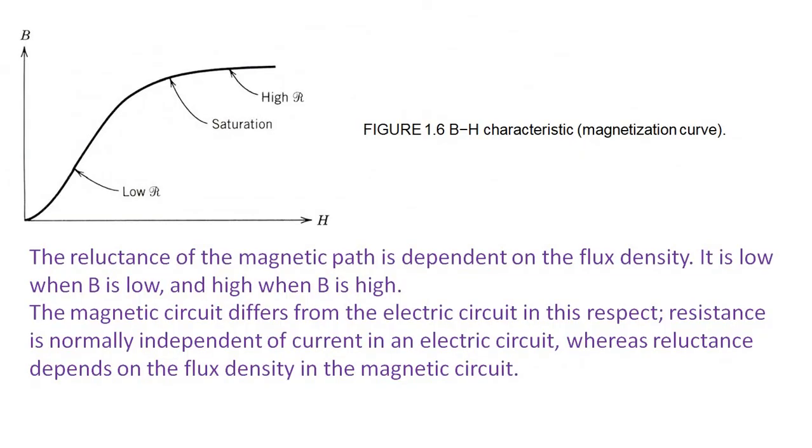The reluctance of the magnetic path depends upon the flux density. It is low when B is low and high when flux density is high. The magnetic circuits differ from the electric circuit in that resistance is normally independent of the current in an electric circuit, whereas reluctance depends upon the flux density of the magnetic circuit.